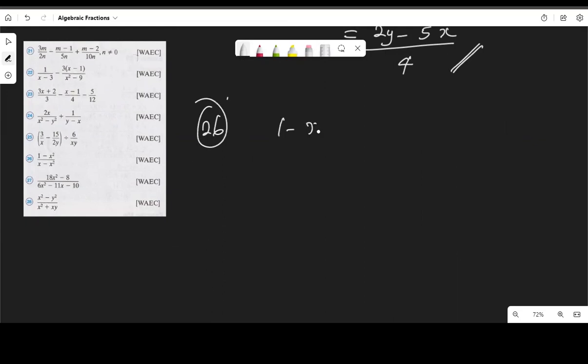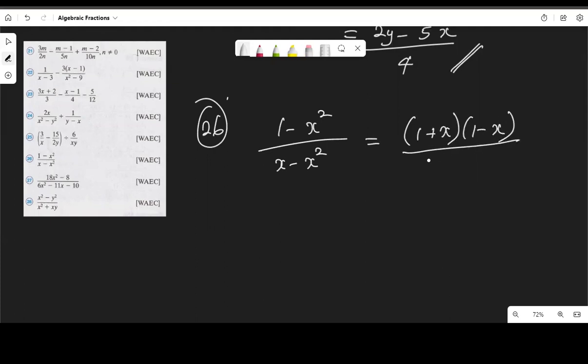And 26. 1 minus s squared over s minus s squared. Let's apply difference of two squares here. The numerator 1 is a perfect square and s squared is also a perfect square. So I have 1 plus s and 1 minus s all over.